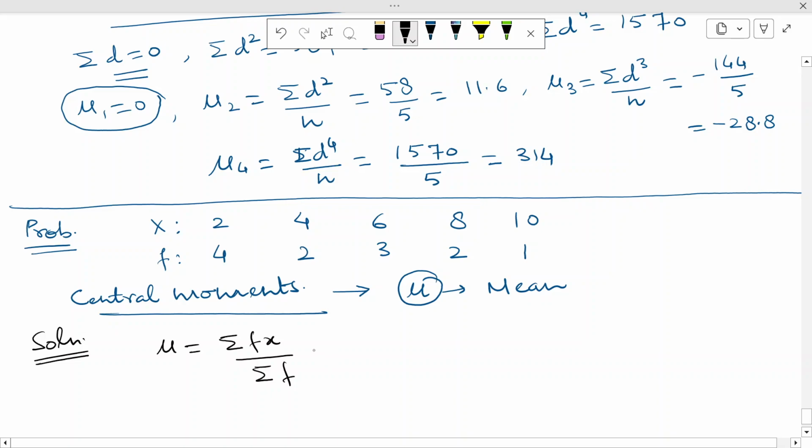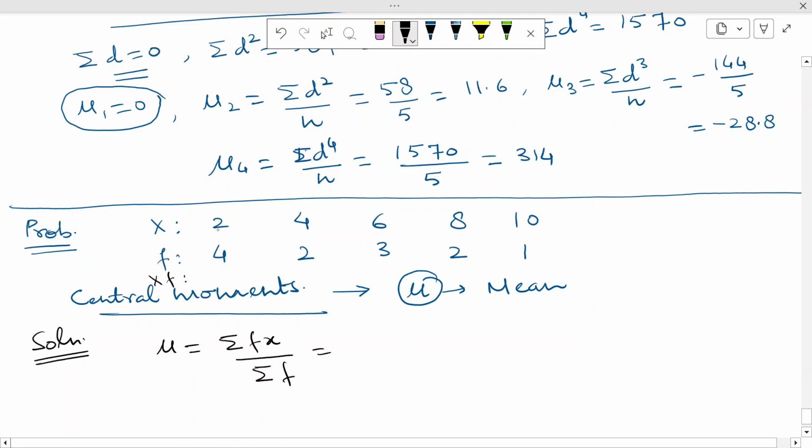Summation fx means the product of observation with the corresponding frequency. So we can insert one column here which contains the product of the observation with the respective frequency.